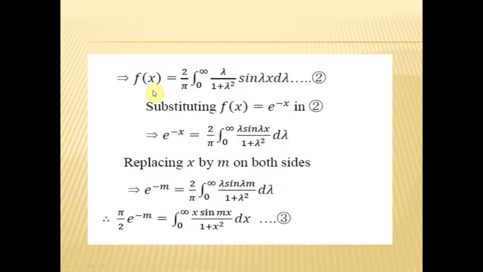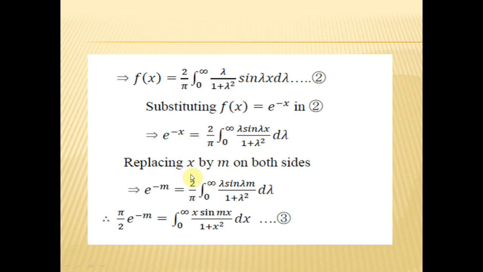Now we could replace this f of x by the value e raised to minus x that is given in the question, so that this becomes e raised to minus x equals 2 by pi integral over 0 to infinity lambda sine lambda x by 1 plus lambda square d lambda.